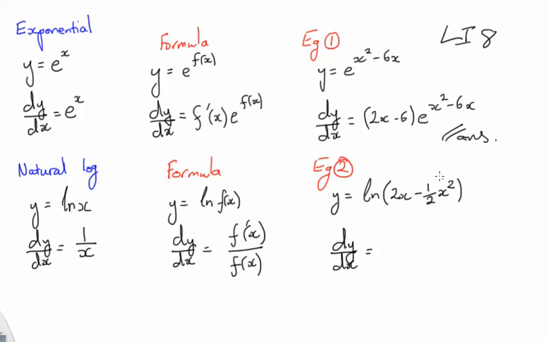This is f of x, so it's the derivative of that, which is 2 minus x over that original function, 2x minus a half x squared, like that, and that's your answer.